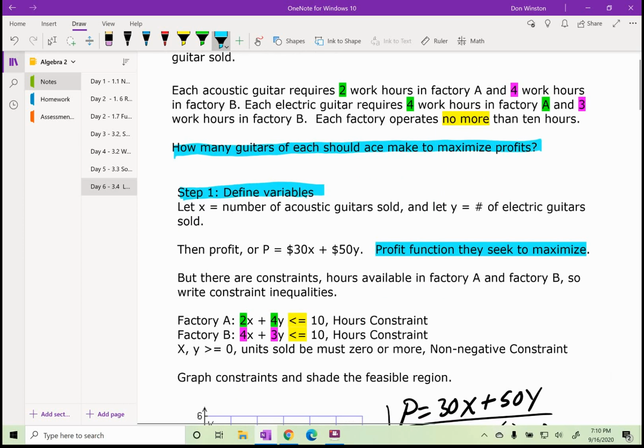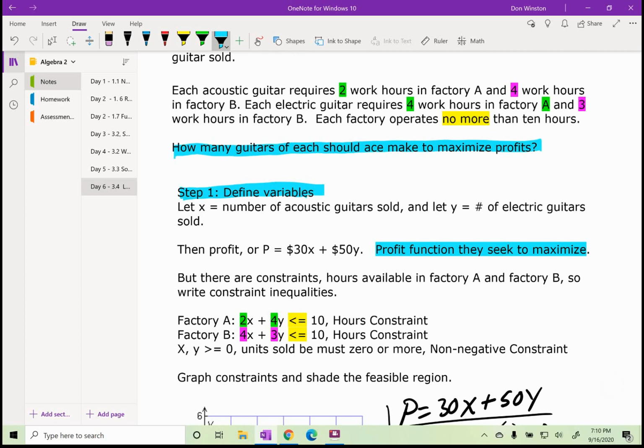But there are constraints they have to consider. And those constraints are hours available in factory A and factory B. So we write constraint inequalities. For factory A, each acoustic guitar uses 2 hours, and each electric guitar uses 4 hours in factory A. So 2x plus 4y has to be less than or equal to 10.